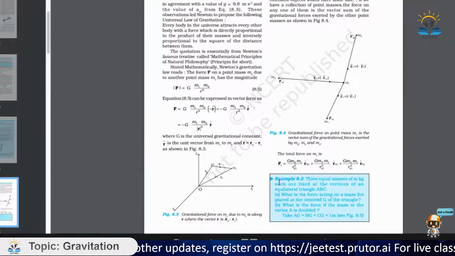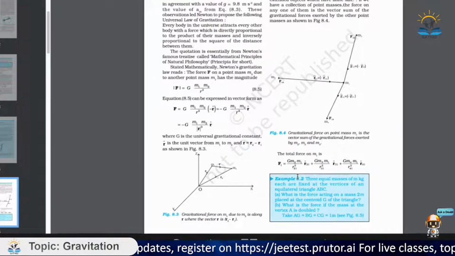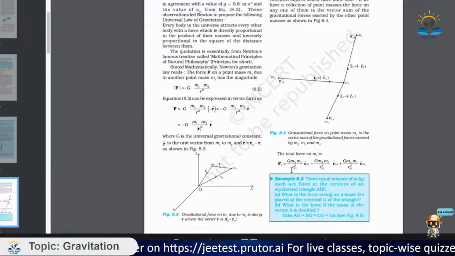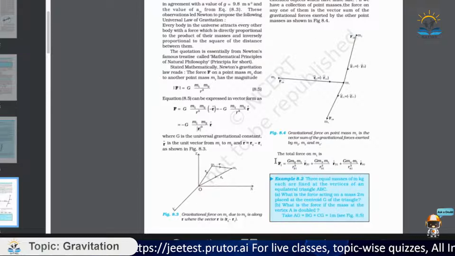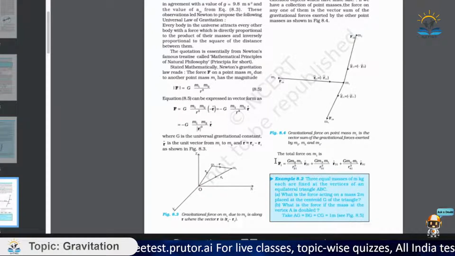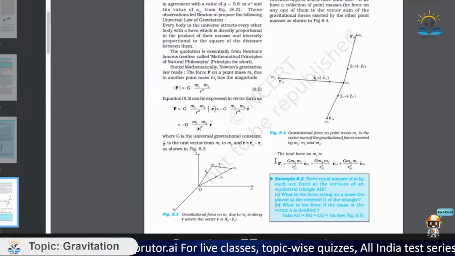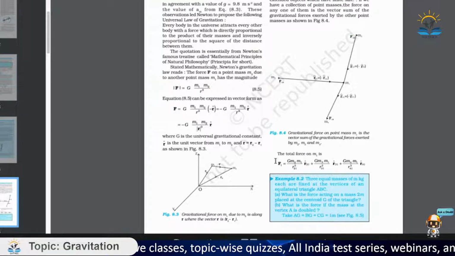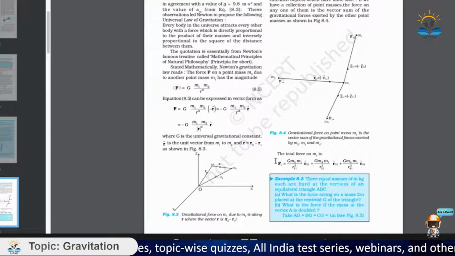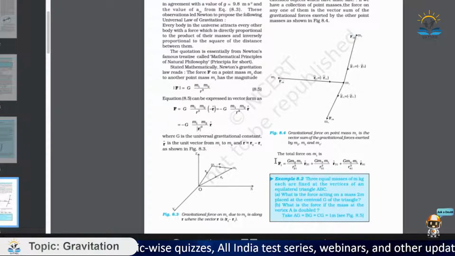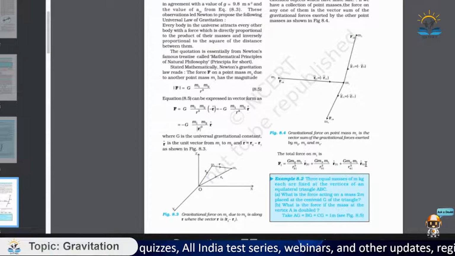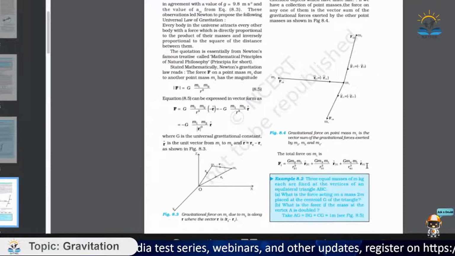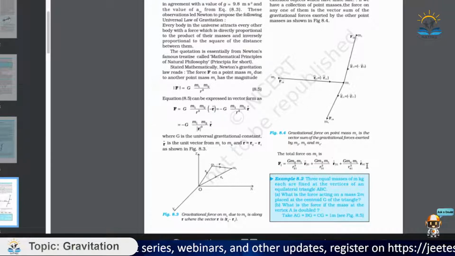If we try to find the force on a single body like m1, we write that force by this formula: G m1 m2 by r21 square plus G m3 m1 by r31 square plus G m4 m1 by r41 square. And these are the unit vectors representing the direction of the force. This is not just simple addition, this is vector addition.